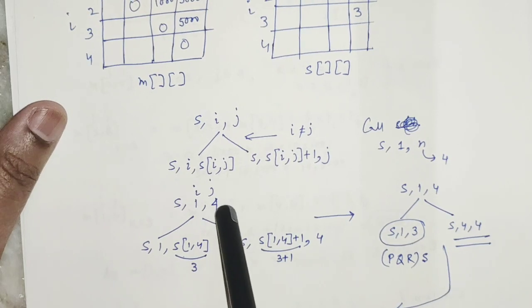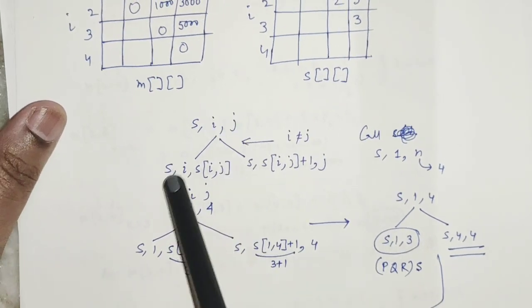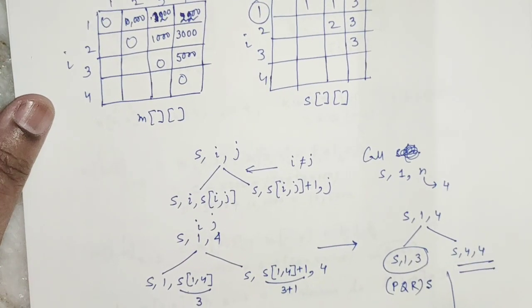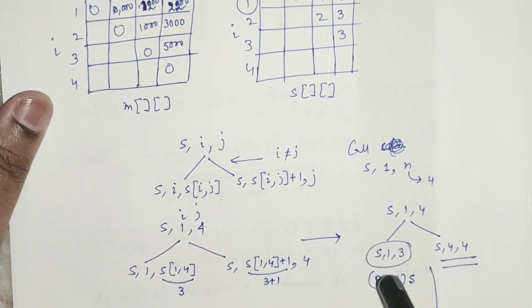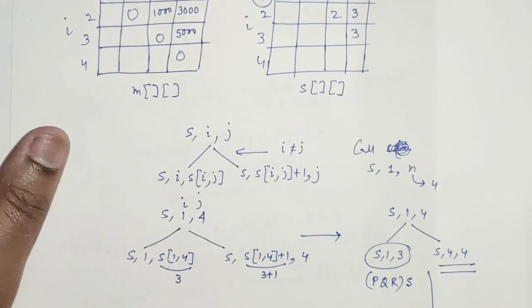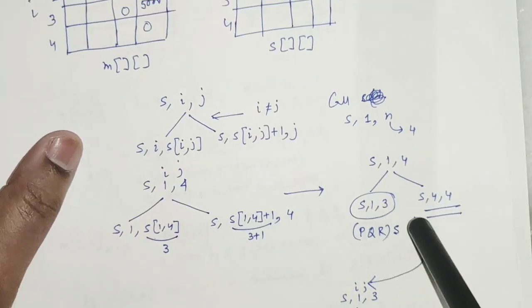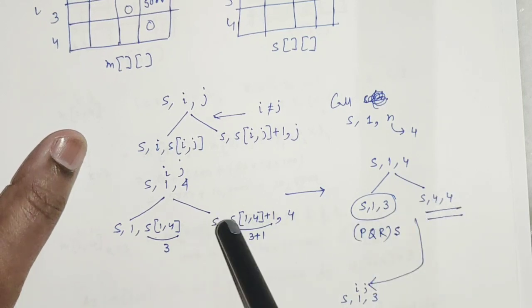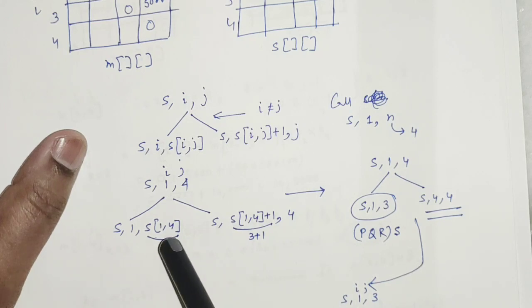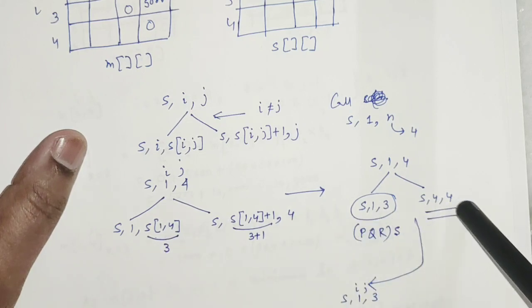Here i is 1 and j is 4, so i not equal to j is satisfied. The first call as per the definition is S, comma, 1, comma, S of 1,4, and the second is S, comma, S of 1,4 plus 1, comma, j. Taking the value from the table, S of 1,4 is 3, so the first call is S, 1, 3, and the second is 3 plus 1, so 4, comma 4.